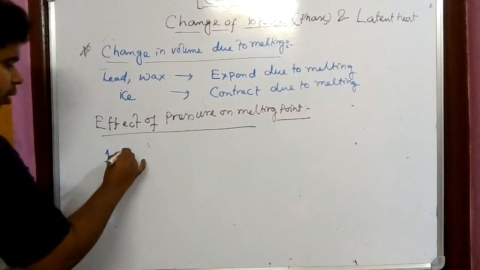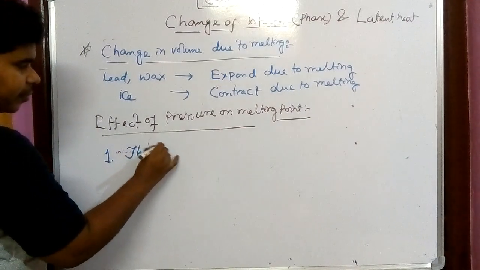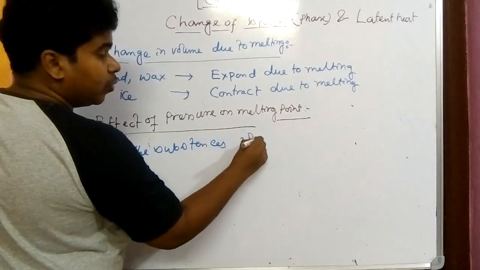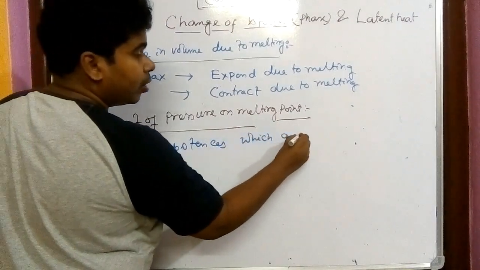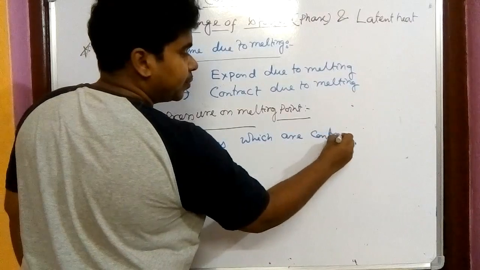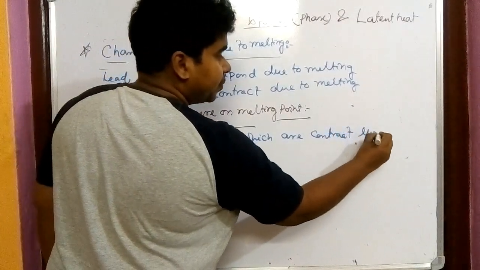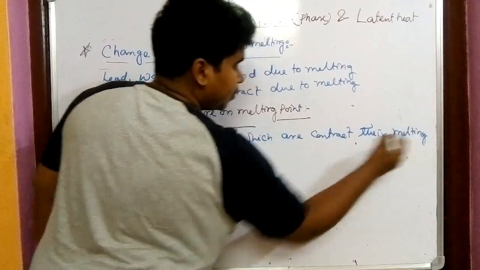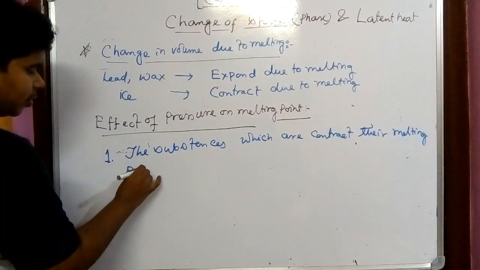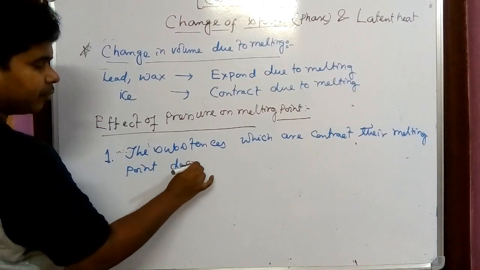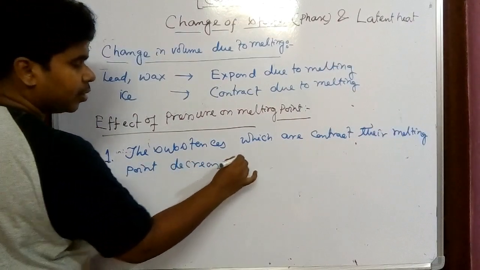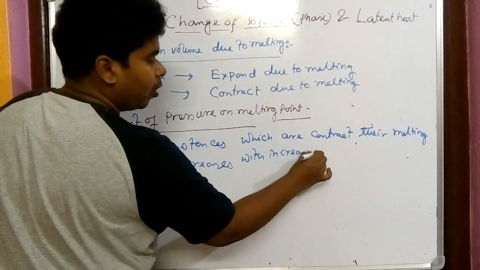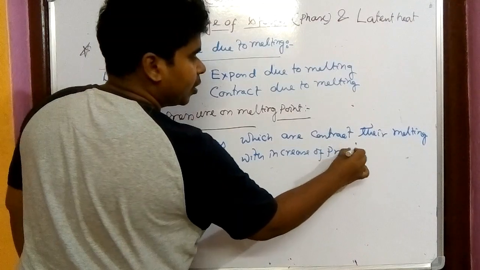Number one, the substances, listen to me very carefully, the substances which contract due to melting, their melting point decreases with increase of pressure.